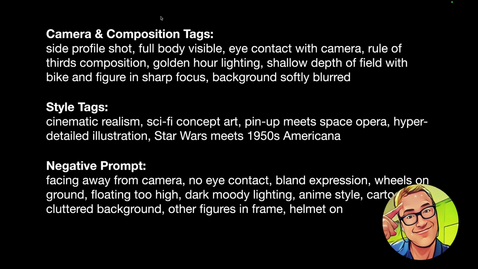Claude made sure that the OpenArt model generator didn't get away with trying to face her away from the camera. It was just throwing in all the things that I didn't want based on what I had asked it to do: avoiding the bland expression, no wheels of any kind, don't let it float too high, dark, moody, none of that kind of stuff. No anime style. It just threw that in naturally, and I thought that was really cool. I had no idea about any of this stuff.